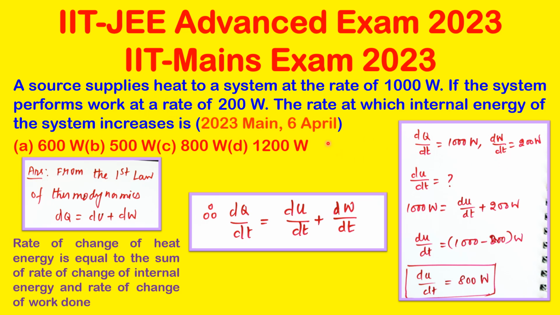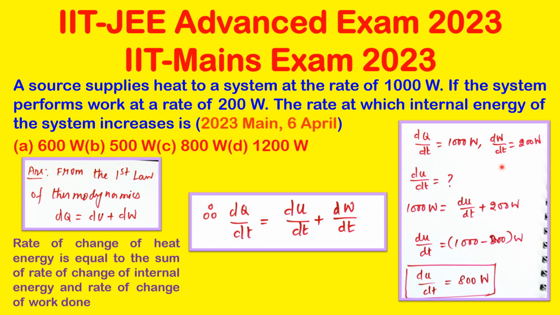We should calculate du by dt. So dq by dt, 1000, is equal to du by dt, which we don't know, plus 200 watt, that is dw by dt.